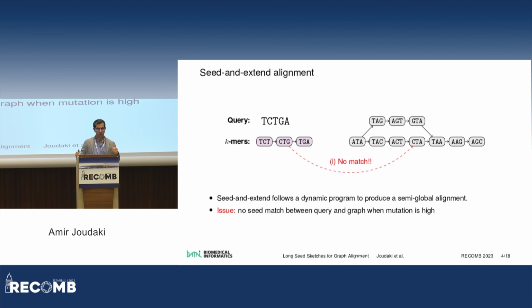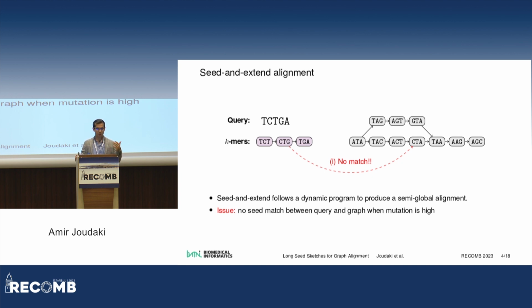Now, you might imagine that reducing k might resolve this issue, but unfortunately it might resolve one issue but introduce others. For instance, one problem is that reducing k might make your graph like a hairball because everything would be connected, or it becomes a complete de Bruijn graph.